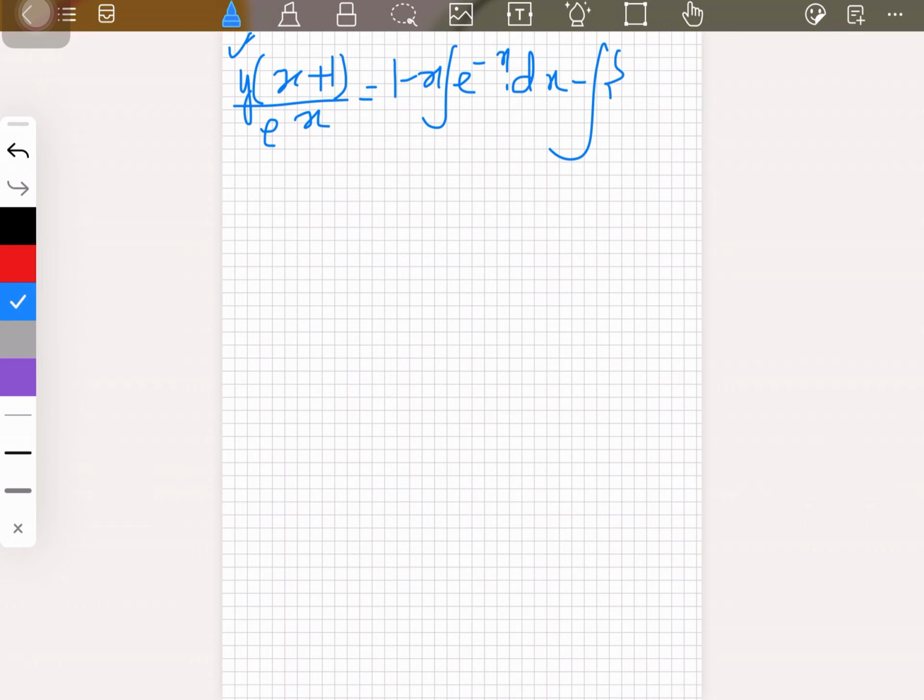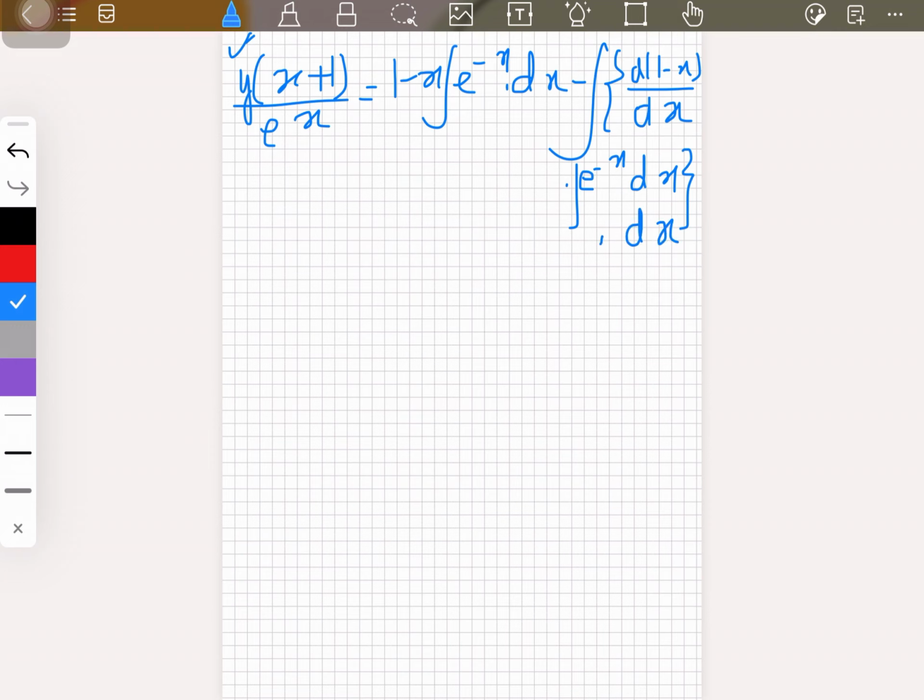The left hand side remains as it is, not a very big problem, and the right hand side we will write as 1 minus x integrating e to the power minus x dx, and then minus, again in a curly bracket if you want to write it, differentiating 1 minus x with respect to x, and this multiplies the same term e to the power minus x dx, which you integrate once again, and then you close the curly bracket.